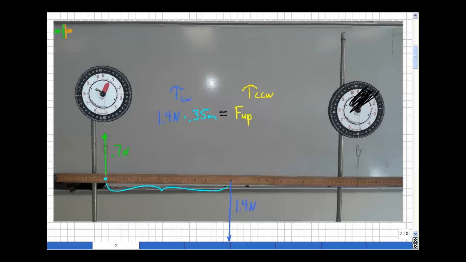In fact, we could call it a tension, but it's at a radius of, well, this was at 15, and this out here is at 85, so a total of 0.7 meters away. And if we rearrange this, we will discover that the upward force, or the tension, is calculated to be 0.7 newtons. So that's a basic example of how you can use it, and how it predicts this very predictable scenario. So let's look at a not so predictable scenario now.